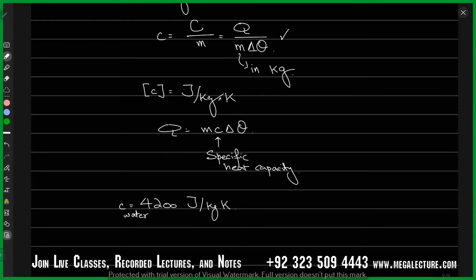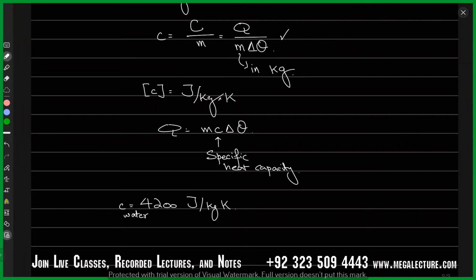What do I mean when I say that the specific heat capacity of water is this value? What is this telling me? It's telling 4,200 joules is the specific heat capacity per mass.